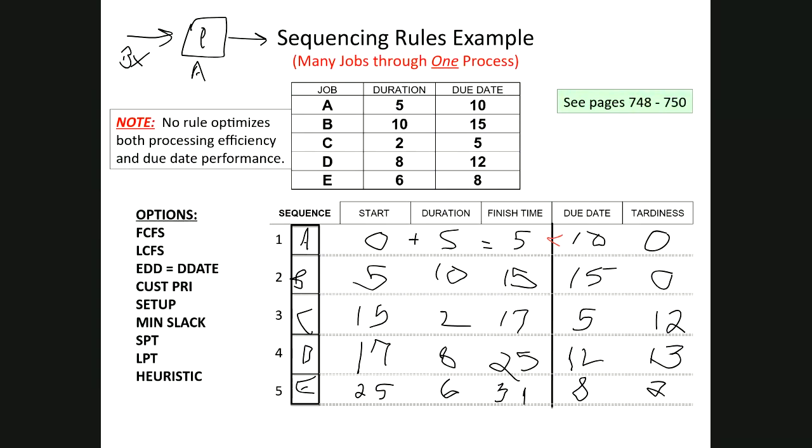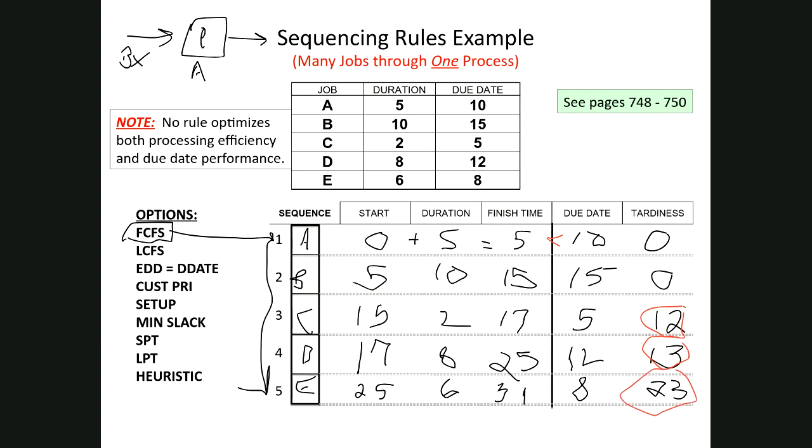Okay. So what we know with this sequence, with the first come first served sequence, which leads to this sequence, A through E, we've got 3 jobs that are late. 1, 2, 3.